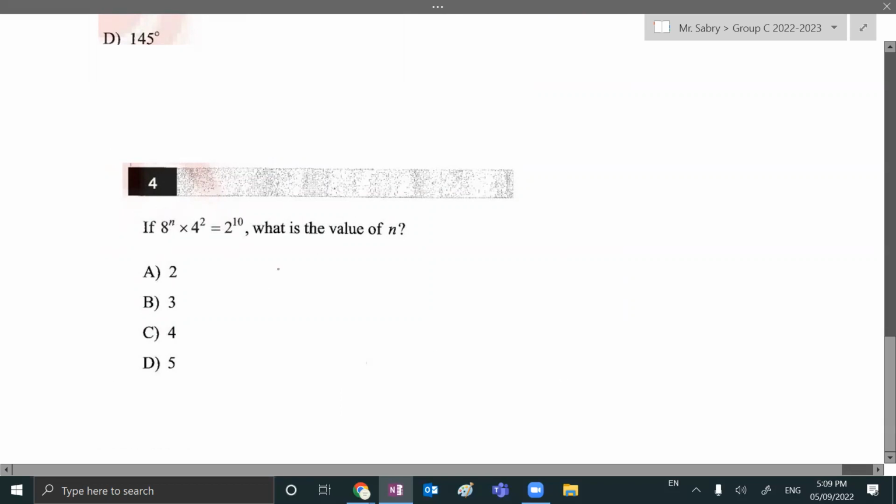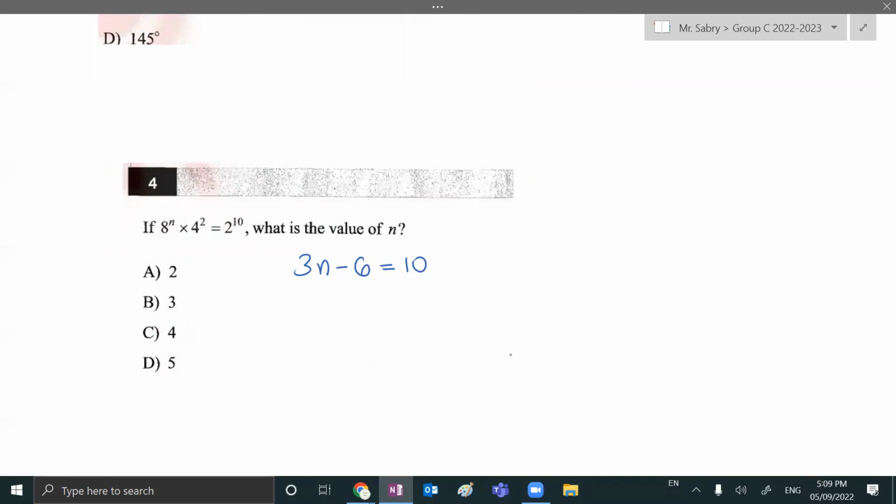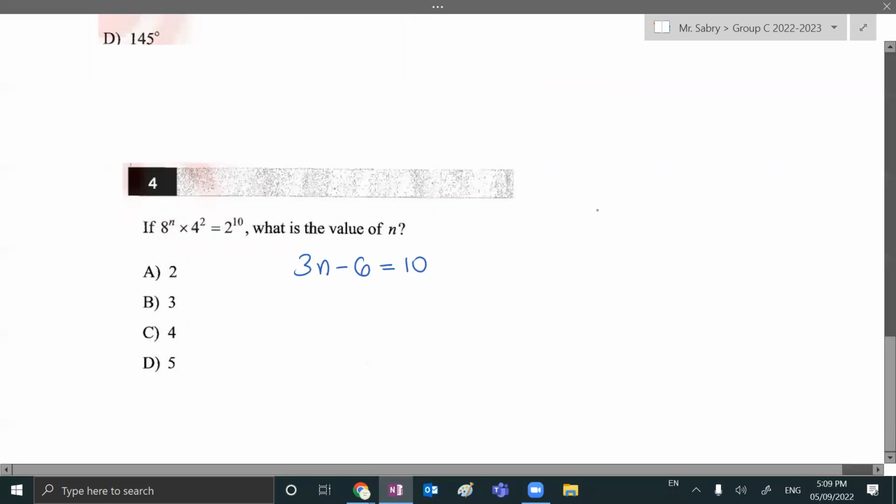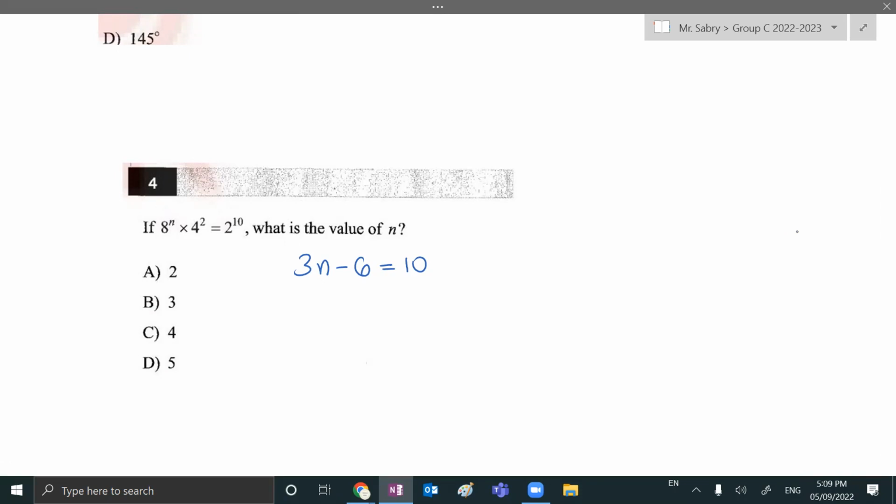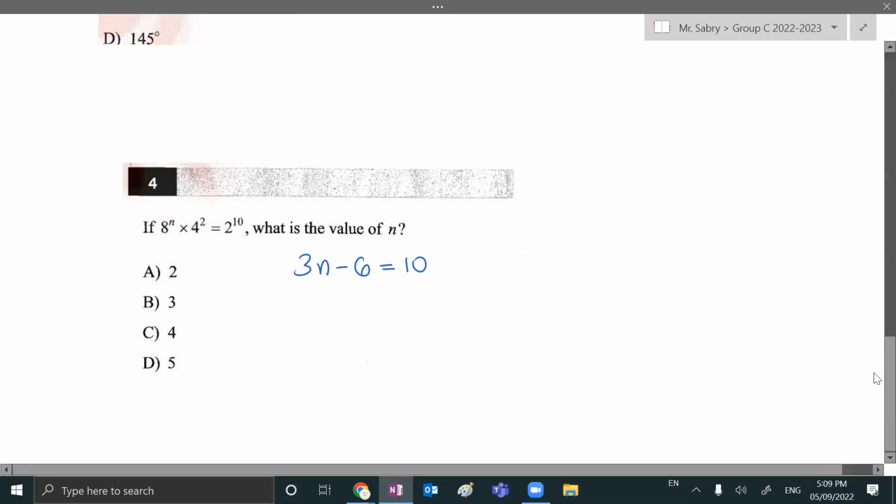Or you can write it as an equation, which is 3n minus 6 equals 10, which are the powers of the new bases. The most important thing to take note of, whenever we have the variable in the power, we have to make all bases equal to each other. So if it's 8, 2, and 4, we have to make them all 2, the smallest one, to the power of something. 2 to the power of something, not times. Perfect.